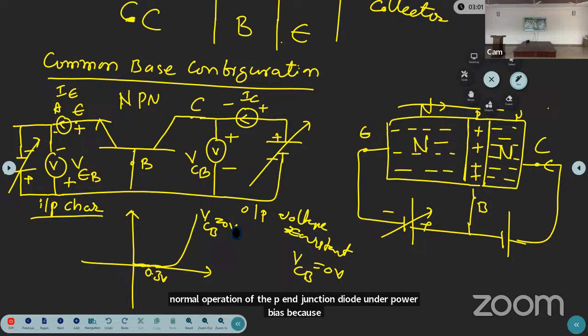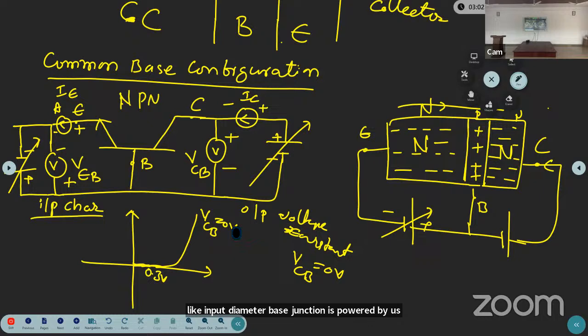Now you can increase the reverse voltage, that is, 2 volts. After increasing the collector-base voltage to 2 volts, what will happen in the junction? The junction width will increase.